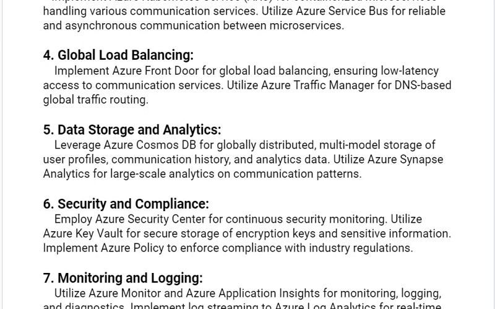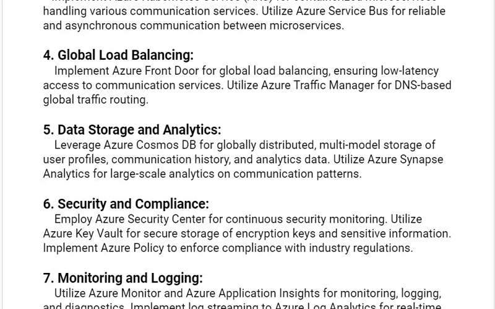Our fourth solution is global load balancing. Implement Azure Front Door for global load balancing, ensuring low latency access to communication services. Utilize Azure Traffic Manager for DNS-based global traffic routing.